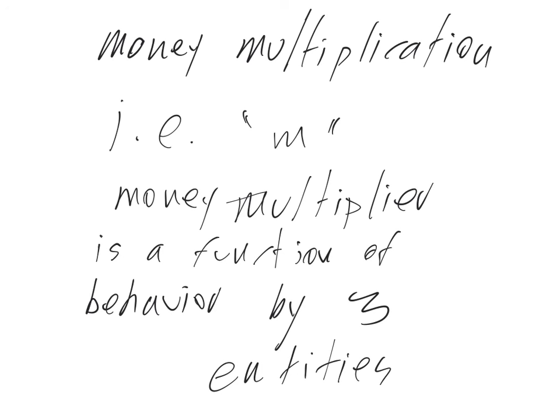So we're saying money multiplication depends on how 3 particular sorts of entity behave.